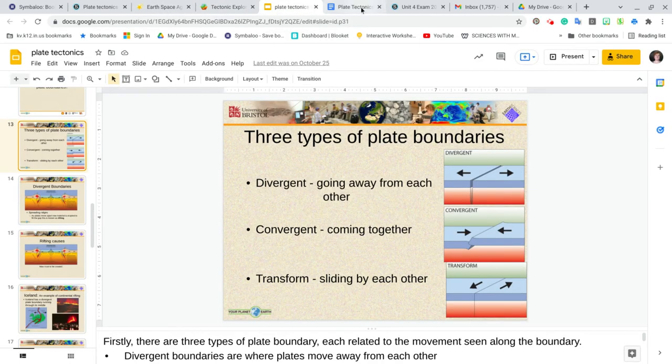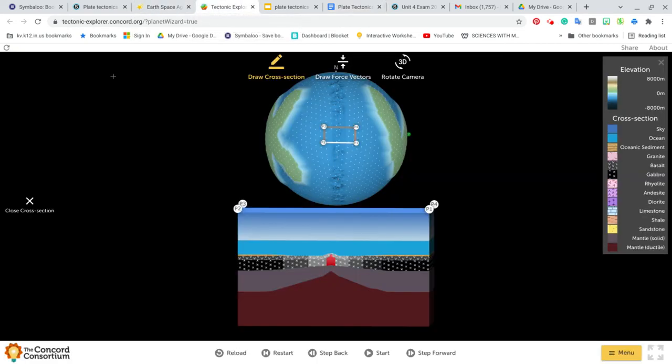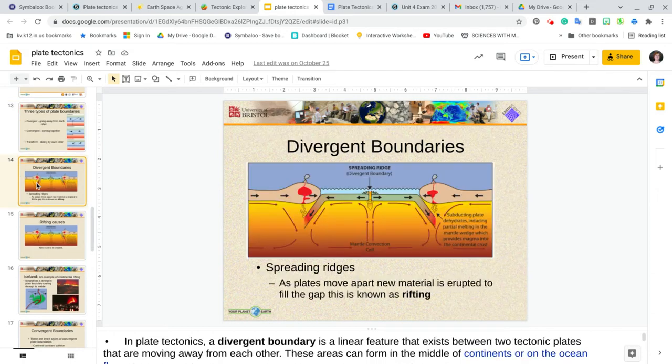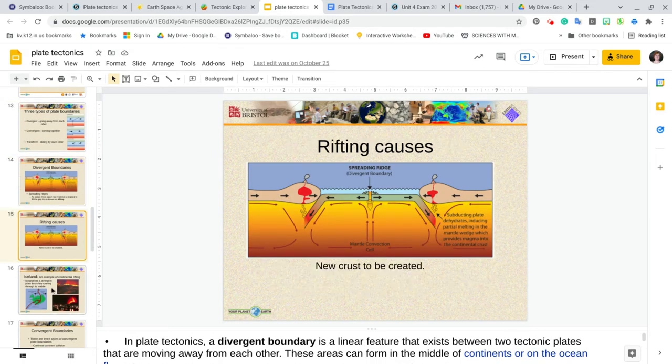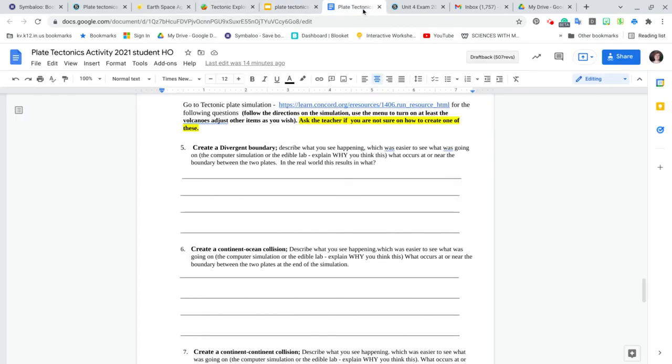If you're looking for answers, right, there's going to be questions. It says, what's going on here? Make sure when you're looking at your notes, find your divergent plate boundaries and explain what's going on. Describe what's happening, what's occurring.